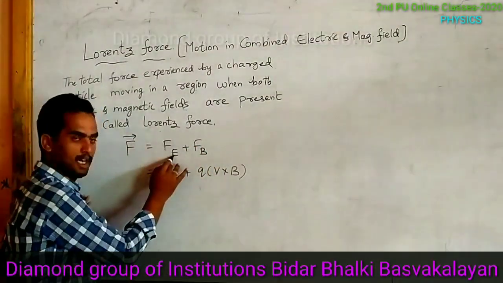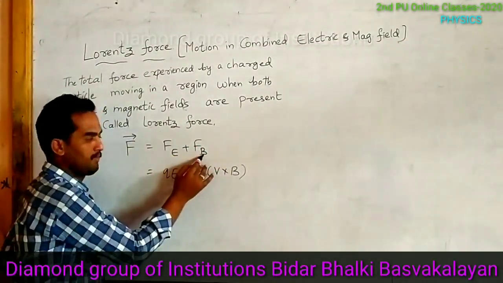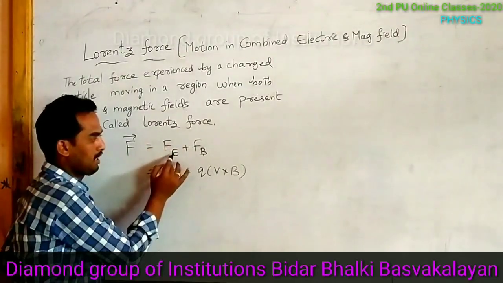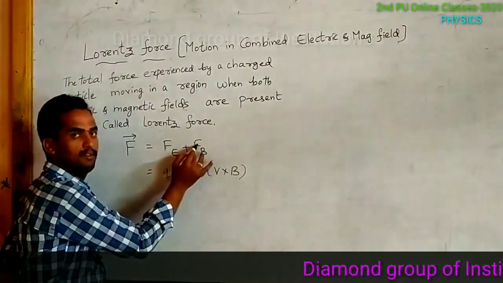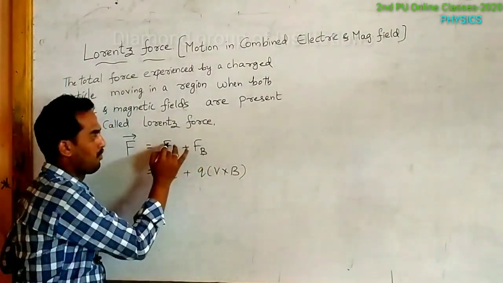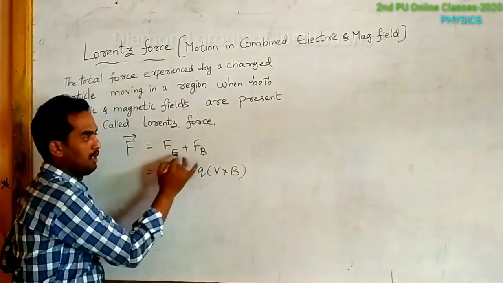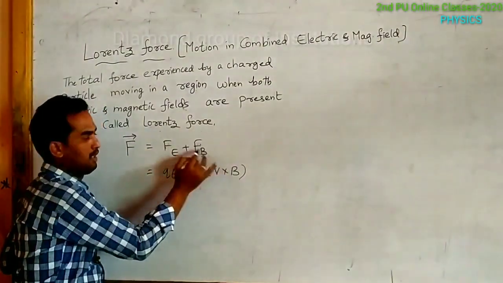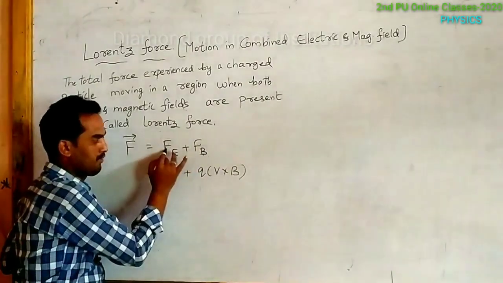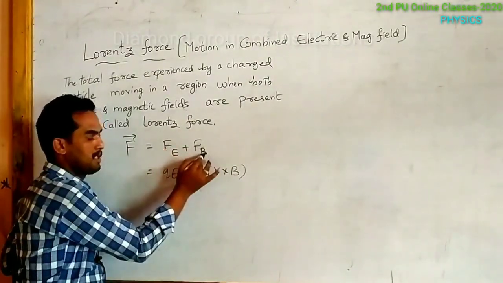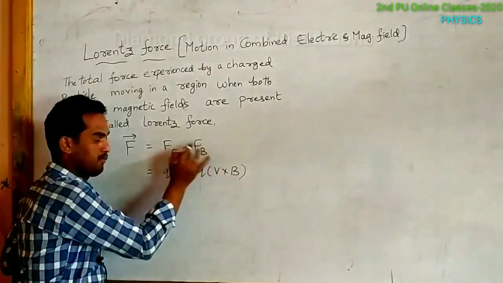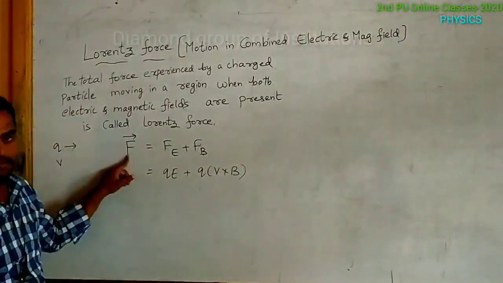E means electric field, B means magnetic field. This is called the electric force, and this is called the magnetic force, or the force due to the electric field and the force due to the magnetic field. The sum of the electric force plus the magnetic force gives the total Lorentz force.